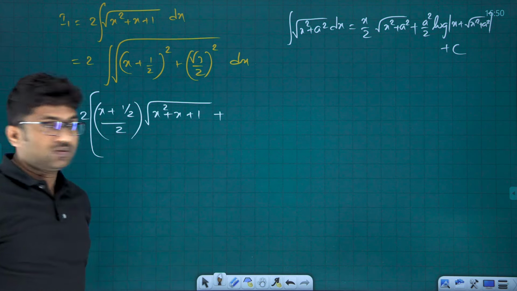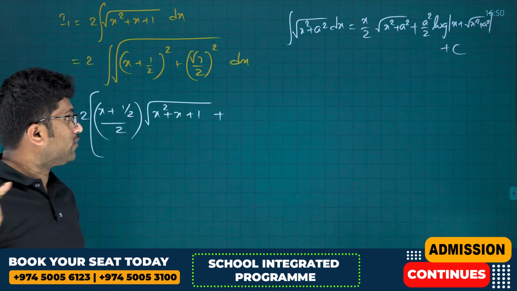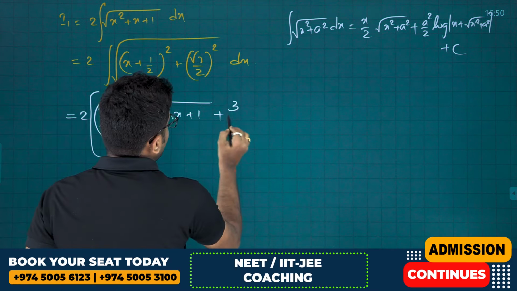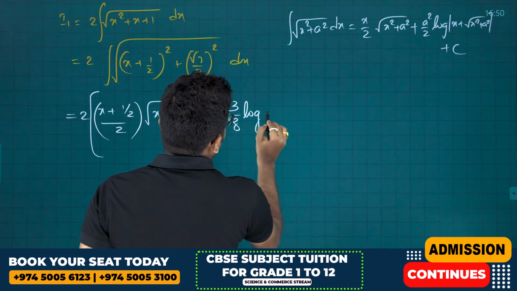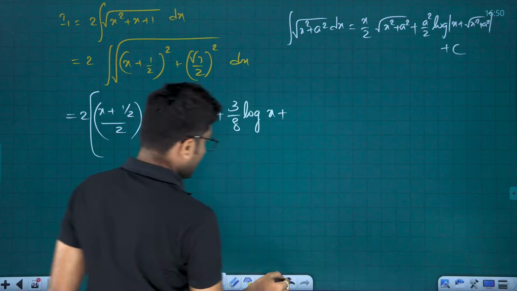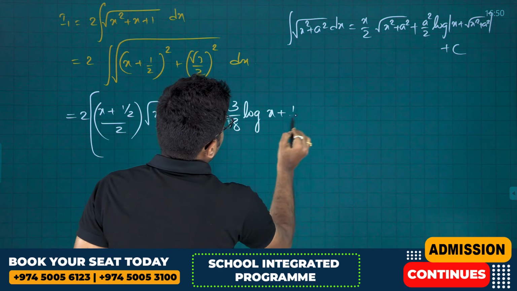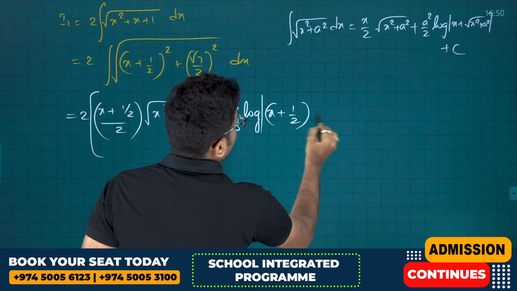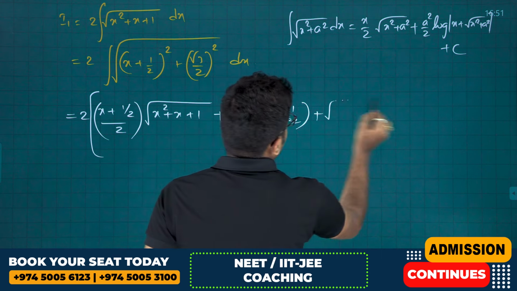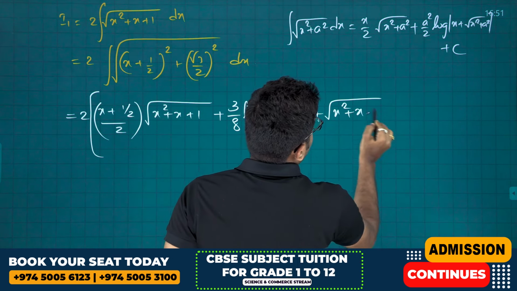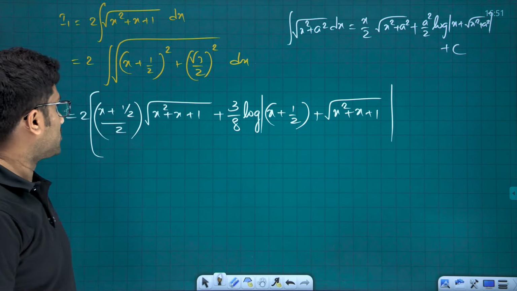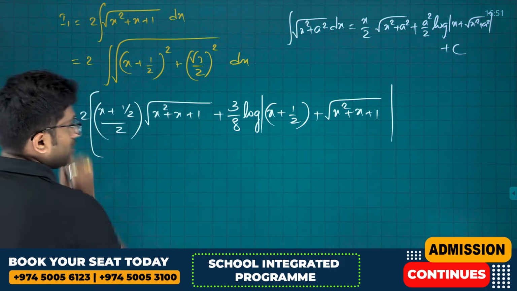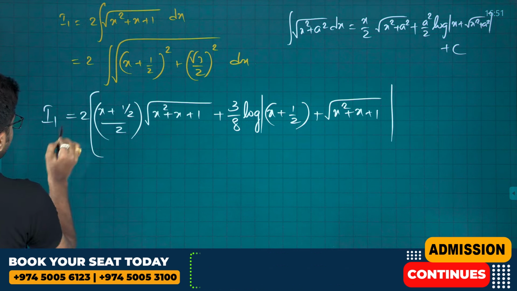A square is 3 by 4, 3 by 4 by 2 is 3 by 8. So 3 by 8 into log mod x plus, here x is x plus 1 by 2, so x plus 1 by 2 plus root over x square plus x plus 1. That's it. So this is what our I1.